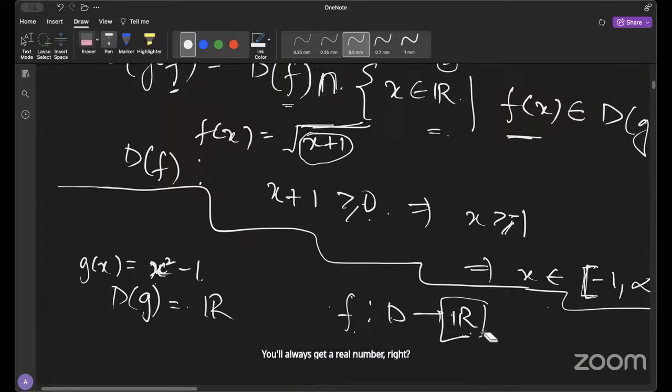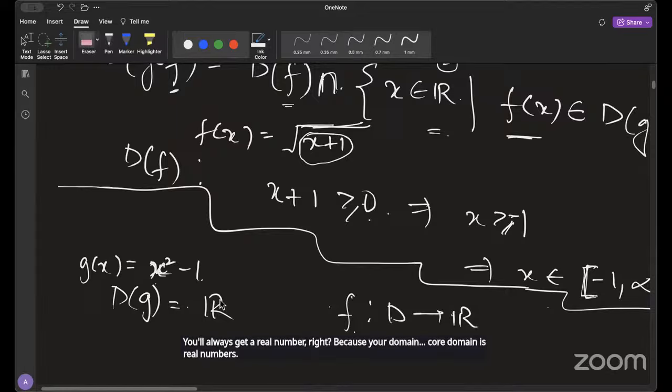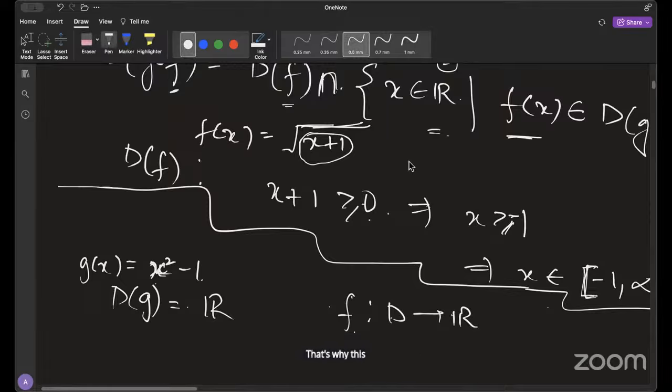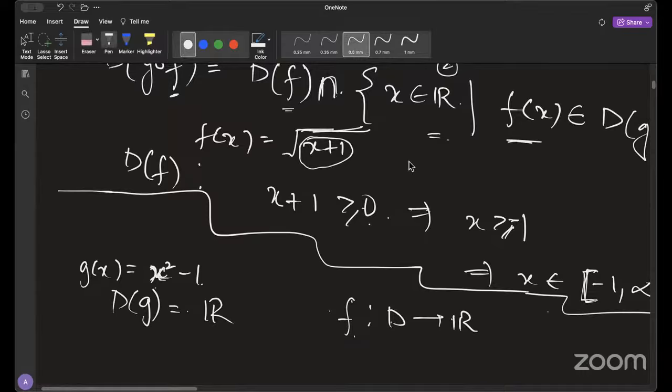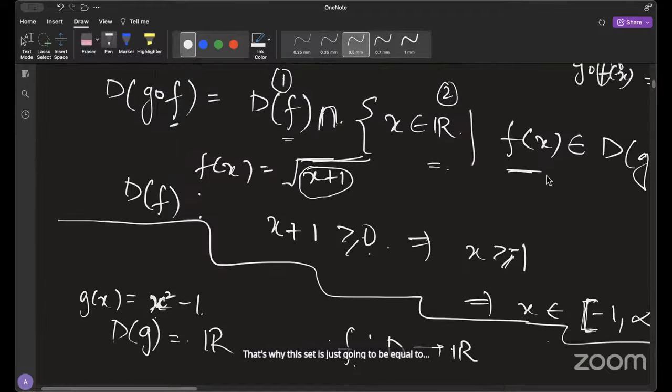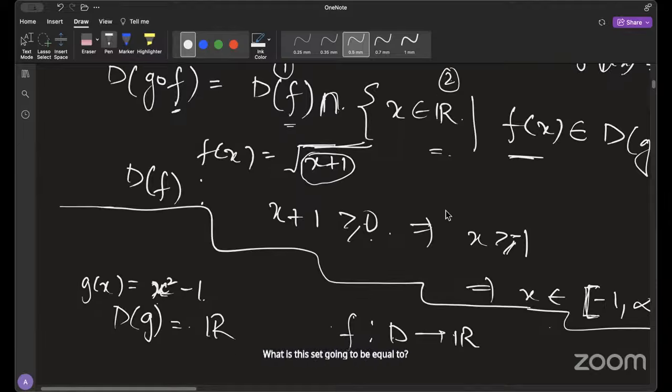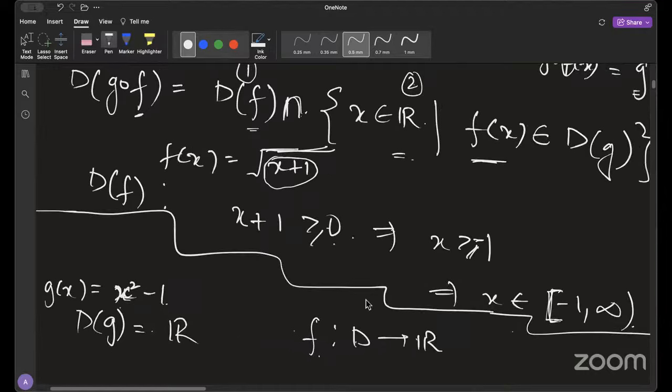Because your domain is real numbers. That's why this set is just going to be equal to, what is this set going to be equal to?